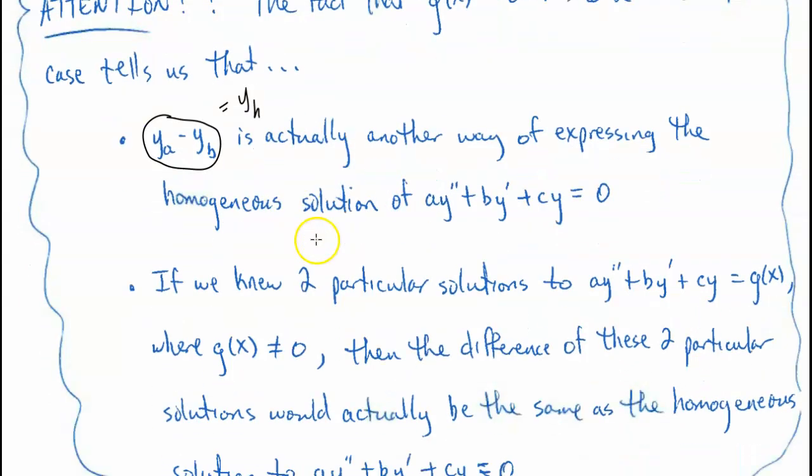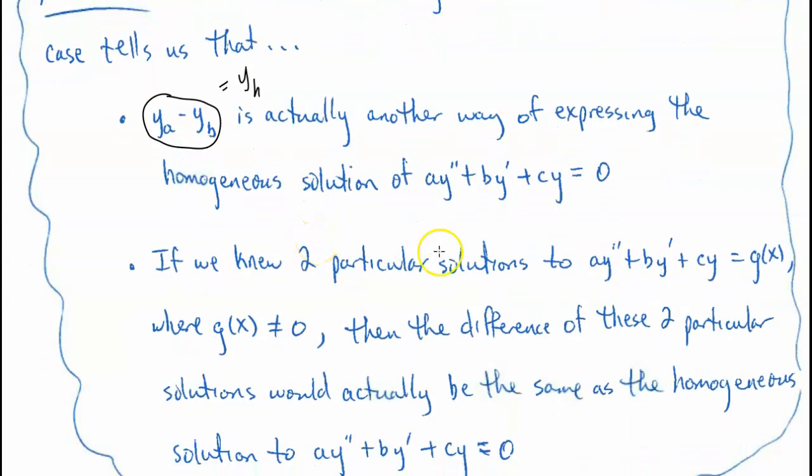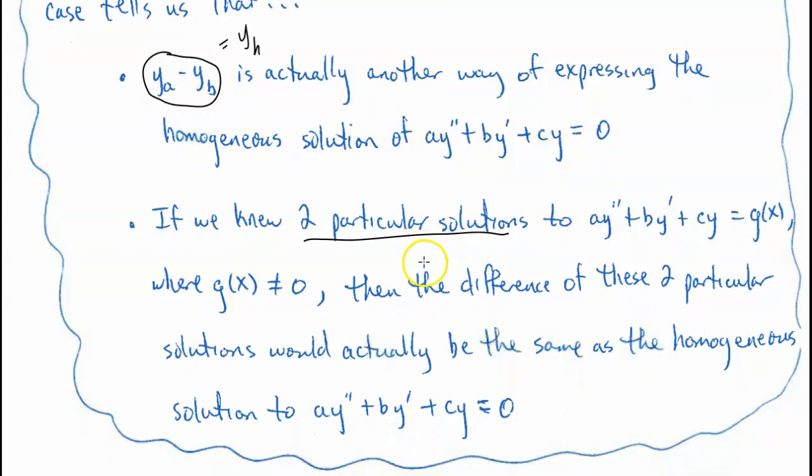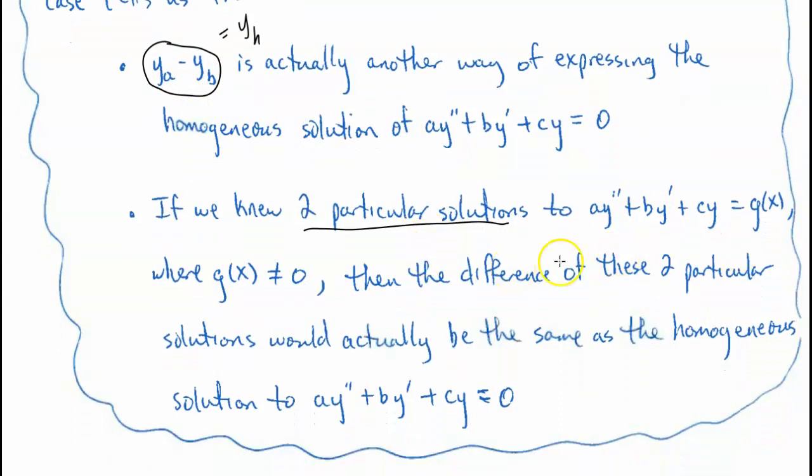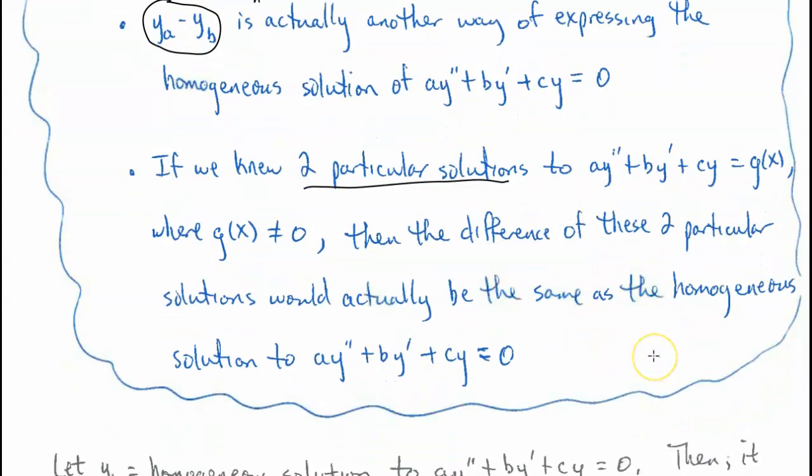And so the key here is that if we actually knew what the two particular solutions, the y sub a and y sub b, were, we know that the difference of these two particular solutions will be the same as a homogeneous solution.